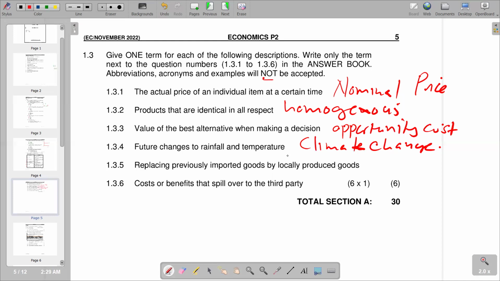We are trying to protect the local industries by replacing imported goods so that local businesses do not face international competition in the form of those goods. This is called import substitution. And on the last part, cost or benefit that spills over to a third party, and we know that this is an externality.